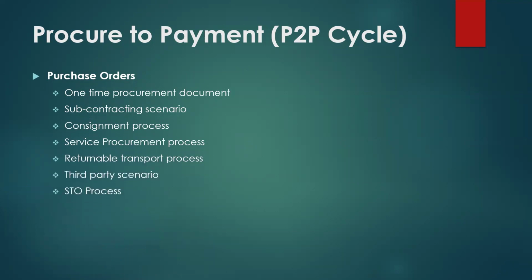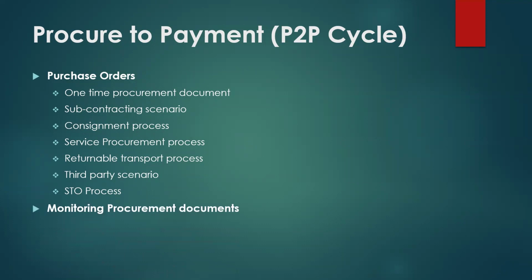Once the PR and agreement are created, the purchase order creation will be done. For these purchase order documents, each scenario will take one video, and I will explain them in coming classes.